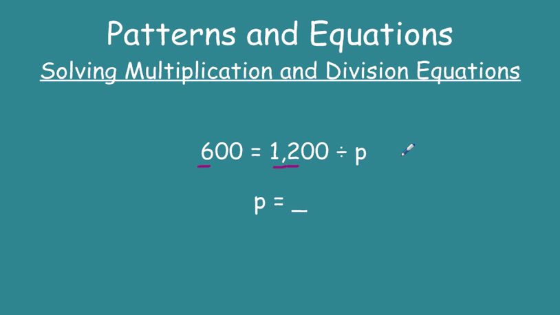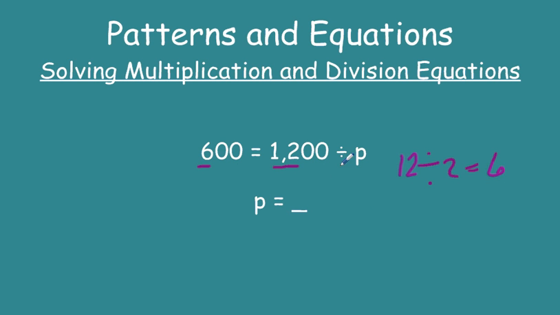So I have to figure out 12 divided by what equals 6. And I know that it takes 2 times 6 to get to 12. So 12 divided by 2 equals 6. Since it's twice as much, 12 divided by 2 equals 6.